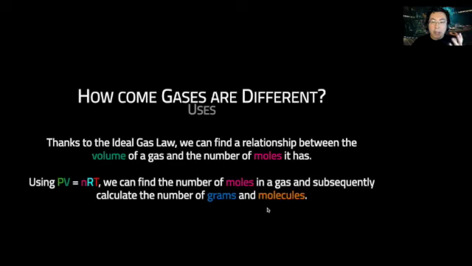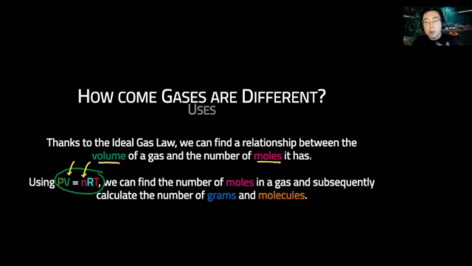It's important to consider the formula that we've been using for the ideal gas law, as it's going to be part of this calculation approach. Remember, in this formula we include volume, but we also have moles.